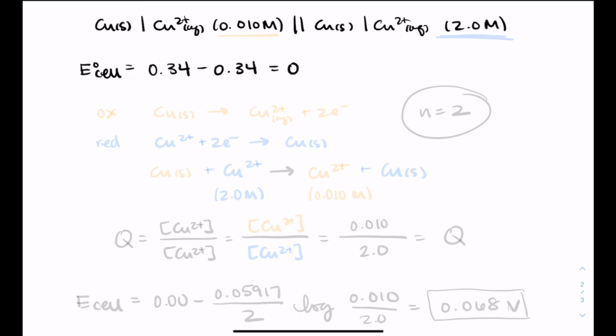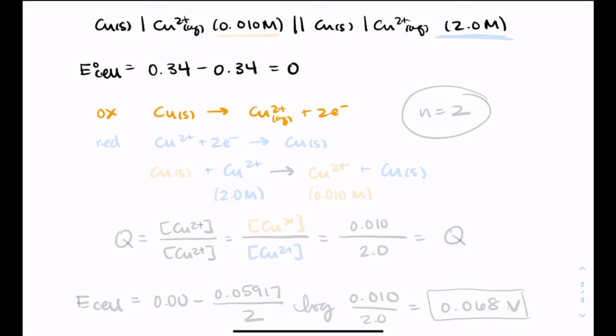So when I look up my standard potential for the electrode, it's 0.34 for both of them. So 0.34 minus 0.34 is 0. If these were standard conditions, which would be noted by it saying 1 molar or not having a concentration listed, this cell would not run. So it will only run because my concentrations are different.